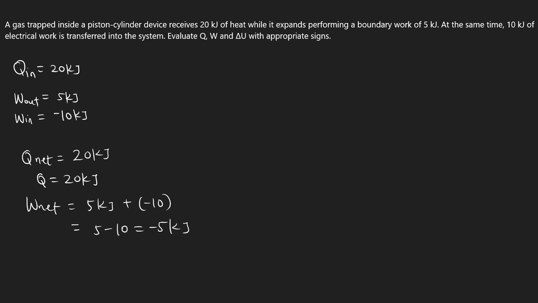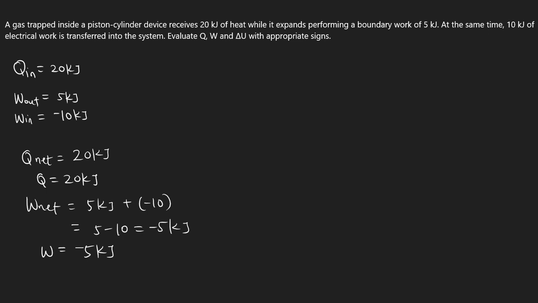So the net work done by the system is minus 5. We have W equal to minus 5 kilojoule. You don't necessarily have to bring the W and the Q again, since Q net and W net already signify those, but just to do what the question says, I brought the Q and the W again.